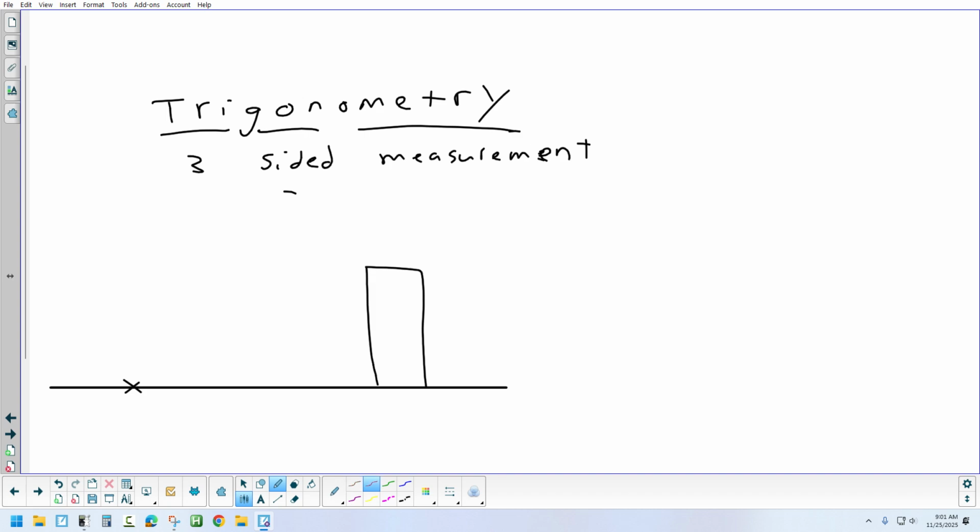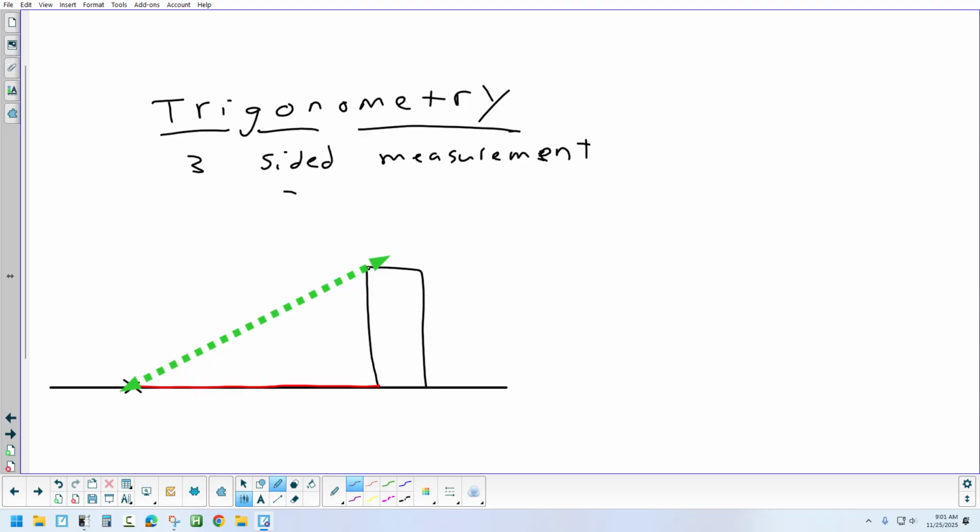So if you could figure out how far away you are from the base of the building, and you could figure out the angle when you look towards the top of the building, and there are ways to figure those things out, you have enough information to find the height, assuming the building is perpendicular, built at a 90-degree angle. If the building was leaning, then that complicates it a little bit.